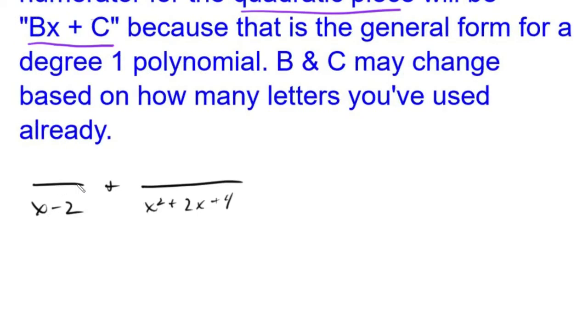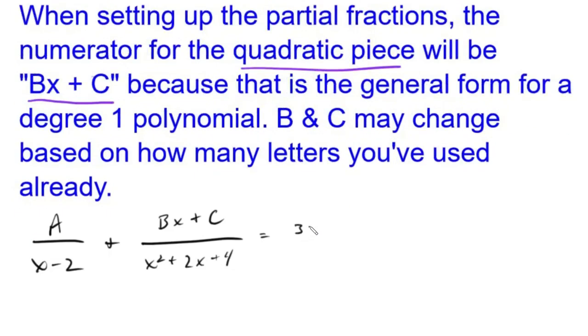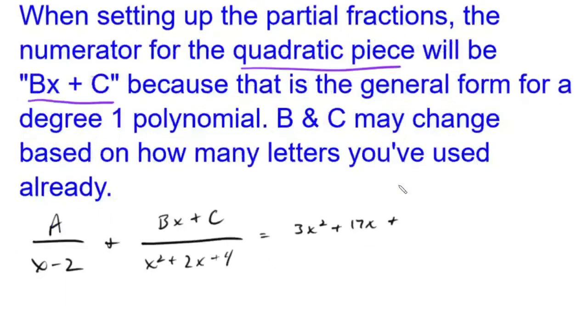So this is a degree 1, so this is degree 0, a. This is degree 2, so this is degree 1, bx plus c. Now this is equal to the fraction up there, so 3x squared plus 17x plus 14 all over x minus 2, x squared plus 2x plus 4.